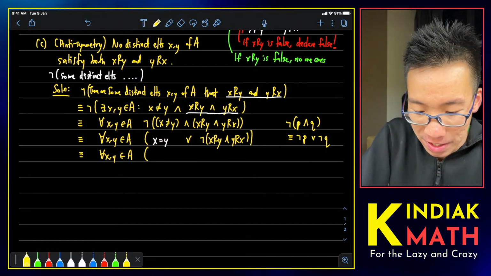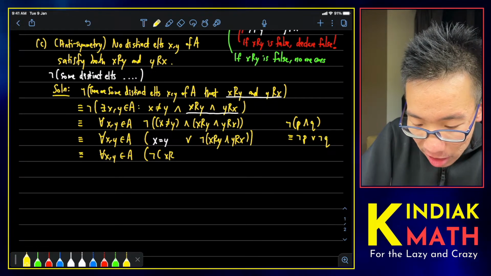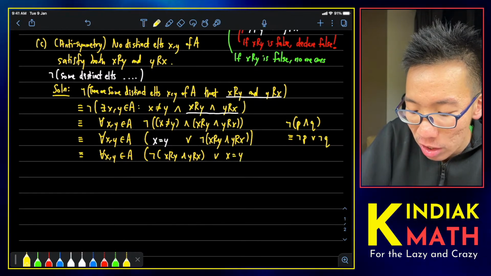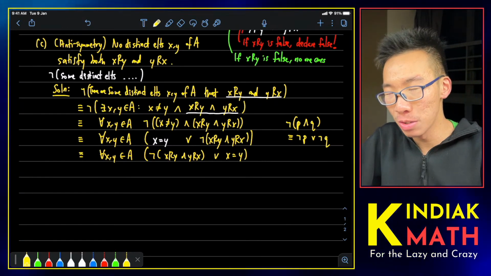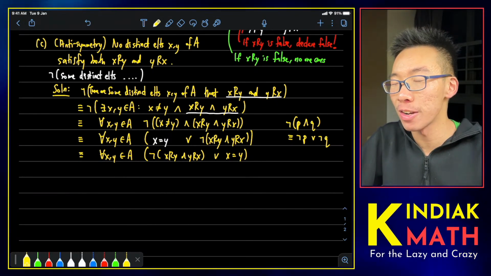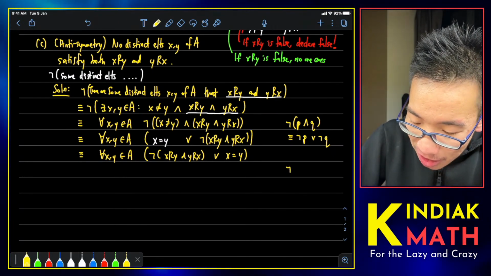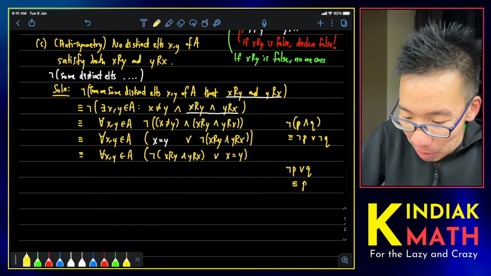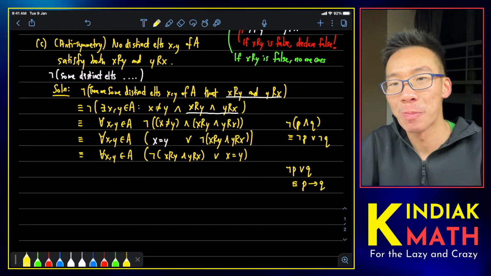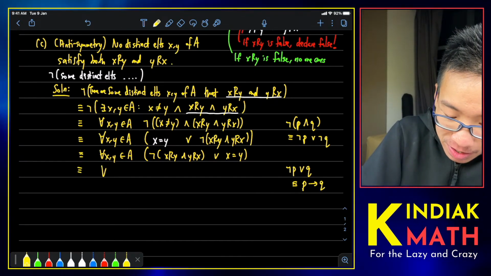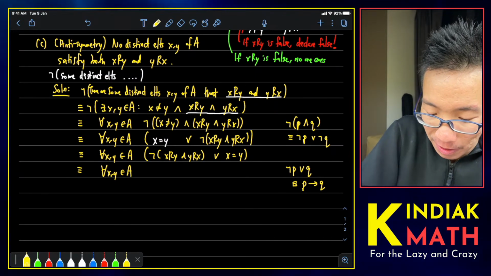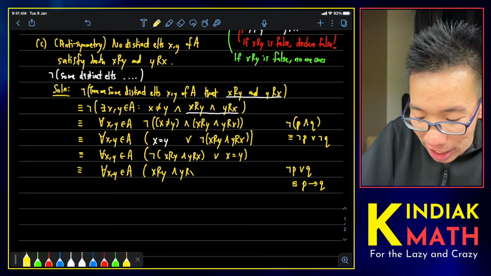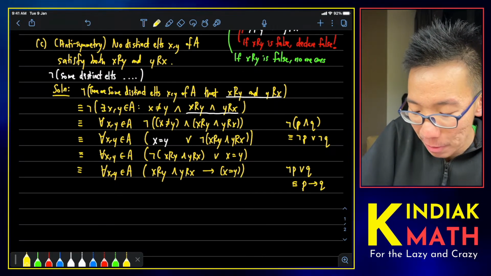I'm going to write this as the negation of P or Q. And the astute among you might realize that should sound very suspicious at this point in time, because the negation of P or Q can be written as P implies Q. And I want to write this as for all x, y in A, x are y and y are x implies x equals to y.